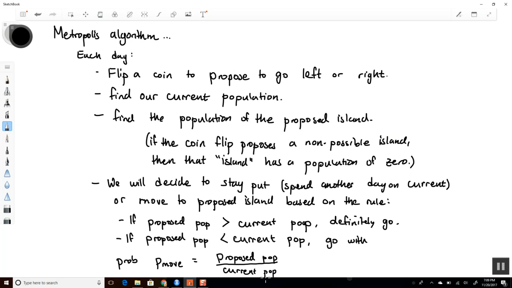So if the proposed island has a population 70% of your current population, you will transition there with probability 70%. And you will remain at the current island with a probability of 30%.